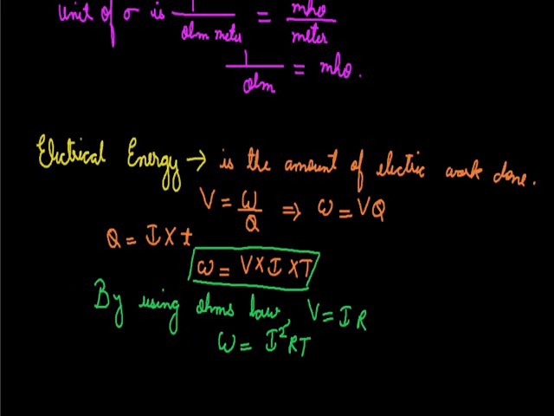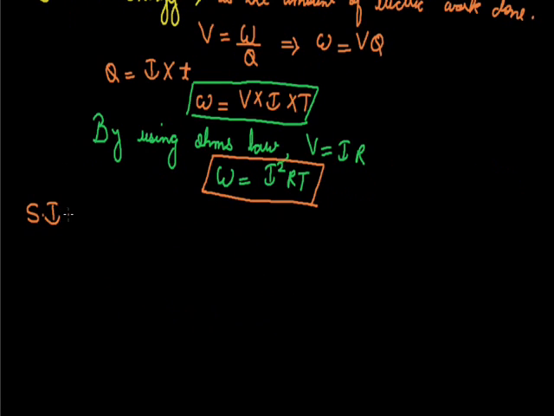It represents again the amount of electric work done, which represents the electric energy. SI unit of electric energy is joule, and its commercial unit is kilowatt hour.